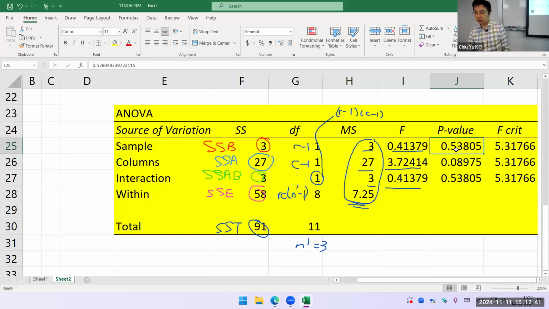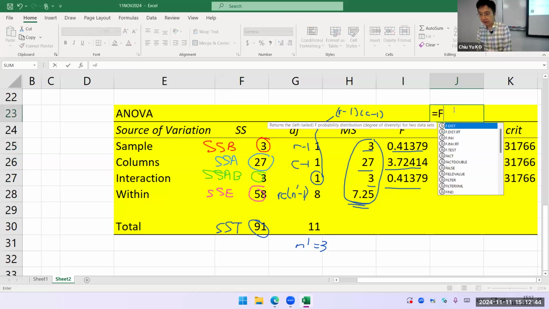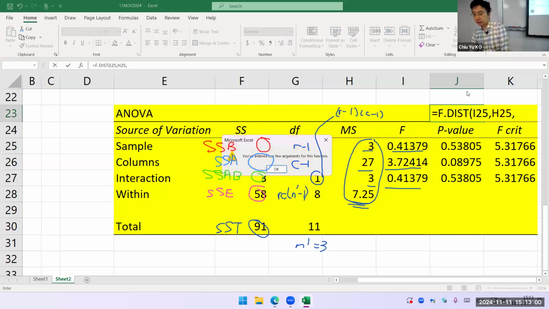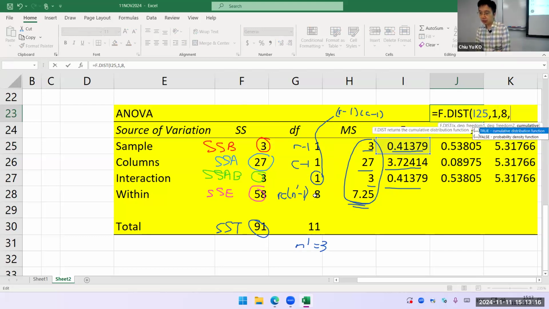For example, this number is coming from the F. And you have this number, the degrees of freedom will be 1 and 8, because 1 is this degree of freedom here, 8 is here, right? And then, okay? The reminder is right tail, so 1 minus.